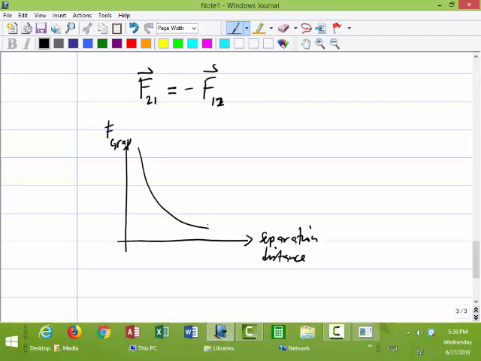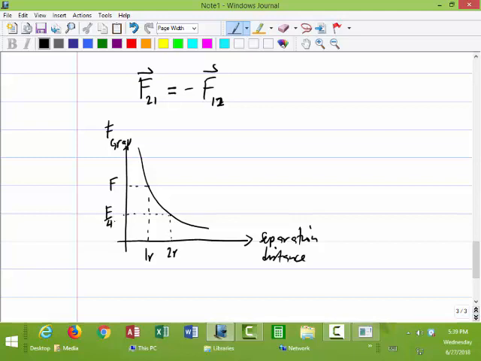Suppose this is the initial force at a certain distance, r. If the distance is doubled to 2r, the force decreases by a factor of 4.